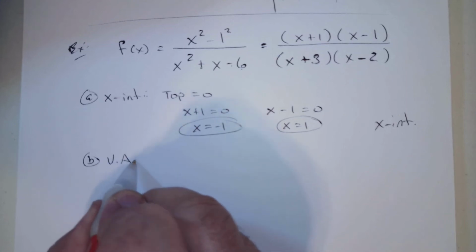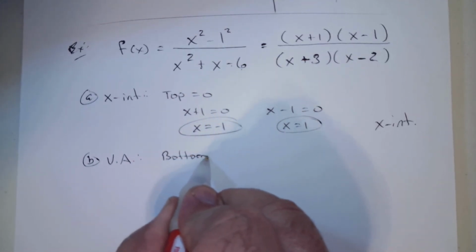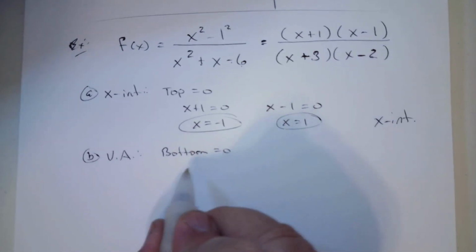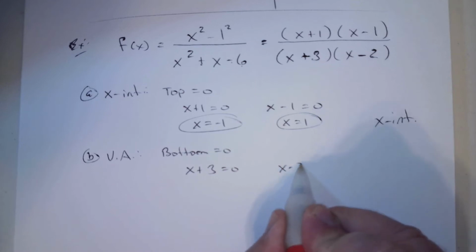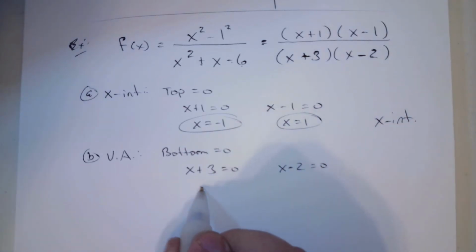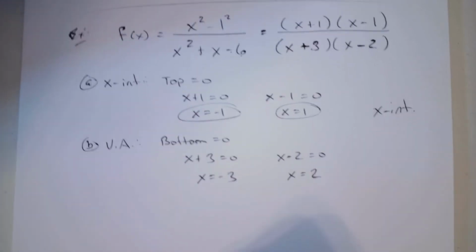The vertical asymptotes: the bottom equals 0. We have x plus 3 equals 0, x minus 2 equals 0. So we have x equals -3, x equals 2.